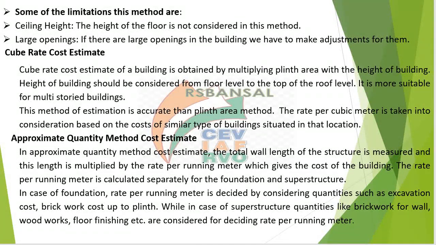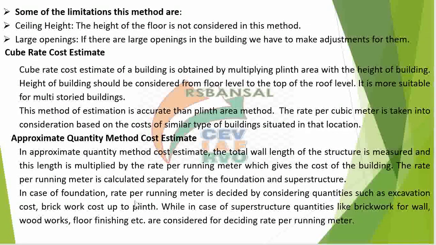Next is the approximate quantity method of cost estimate. In this case, we calculate the total length of the walls of the structure, and then this length is multiplied by the rate per running meter, which gives you the cost of the building. The rate per running meter is calculated separately for foundation and superstructure.